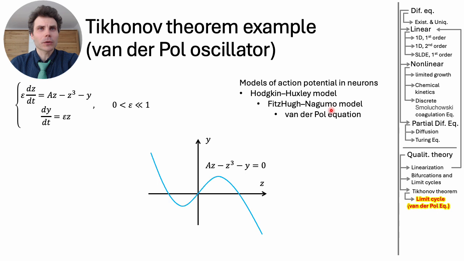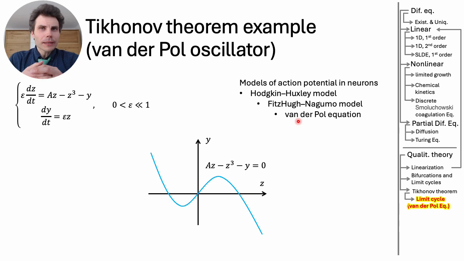And a particular case of this equation is the so-called van der Pol equation, or van der Pol oscillator, which originally was invented actually for describing certain electrical circuits, not quite neurons, but somewhere in technology.